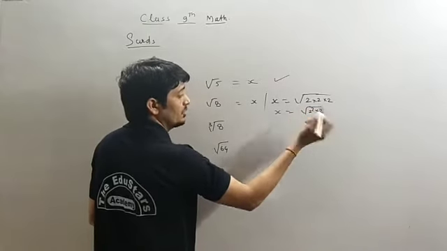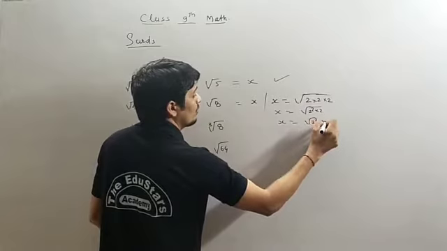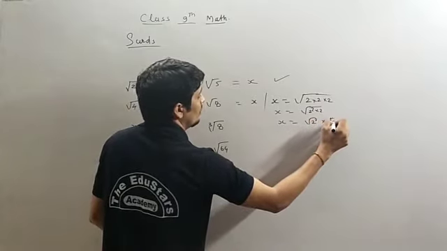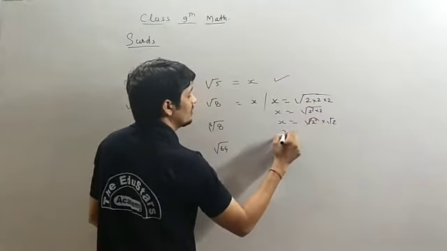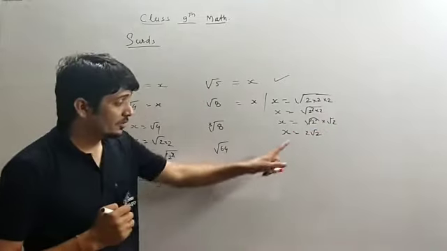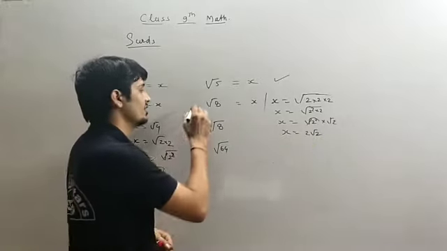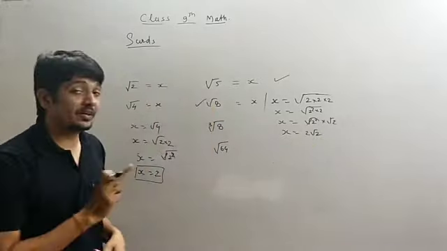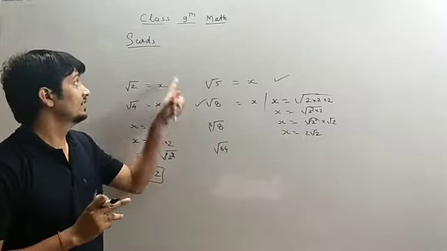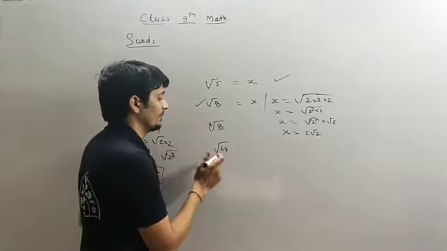So x equals square of 2 inside the root and root 2. The 2 and the root get cancelled. So x equals 2 root 2. That means here we have root 2, which is also an irrational number. If it is an irrational number inside the root, that means it is a surd.